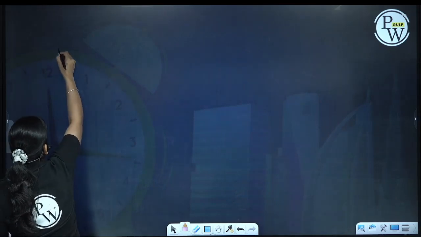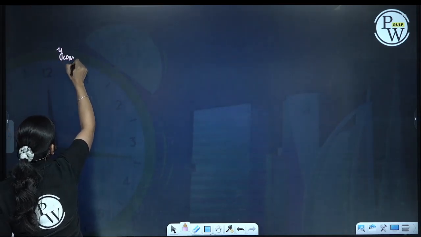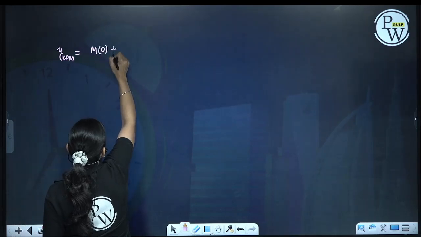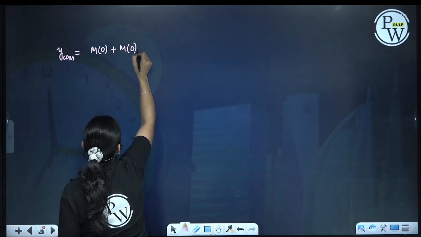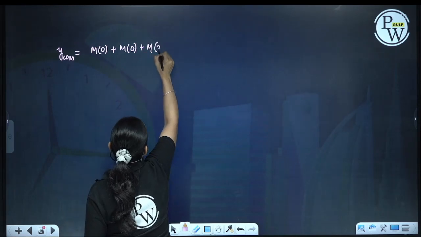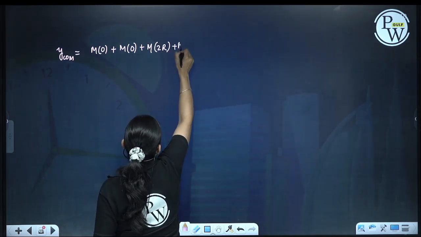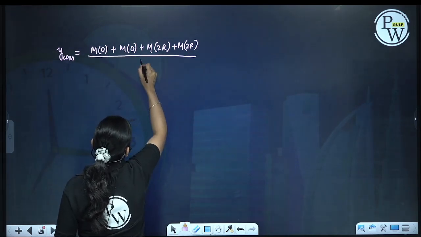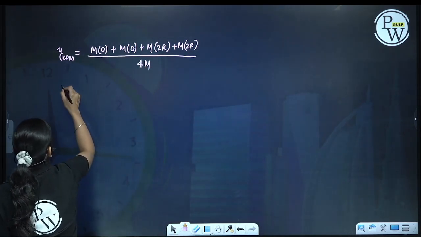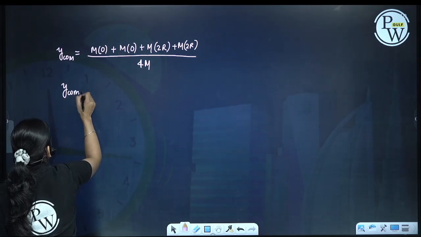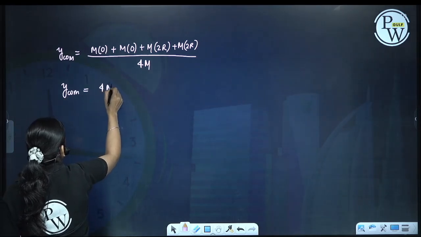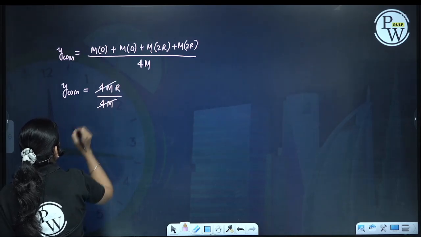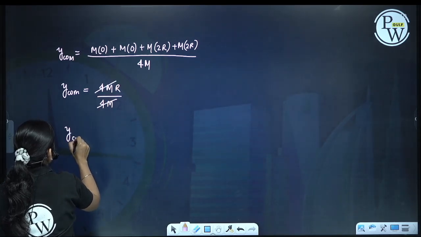Similarly, if we calculate YCOM, it will be m into 0 plus m into 0 plus m into 2r plus m into 2r, divided by 4m. So YCOM will also come out to be 4mr divided by 4m. 4m and 4m cancel out.